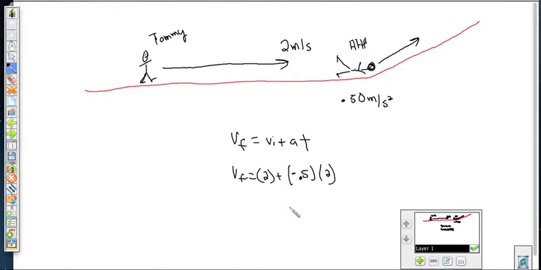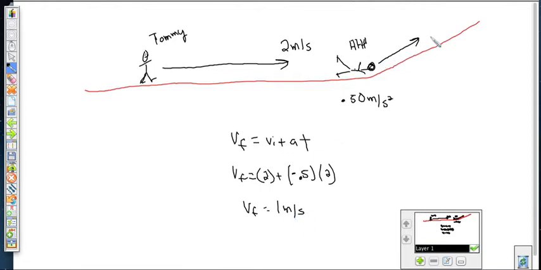Okay, so if we go ahead and solve this out, here we go. That's going to be 2 plus negative 0.5 times 2, which gives us a final velocity of 1 meter per second. There we are. So after 2 seconds of sliding up this slope, he's going to be going 1 meter per second.